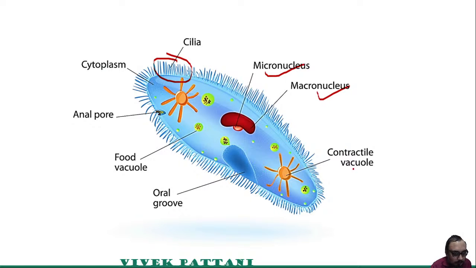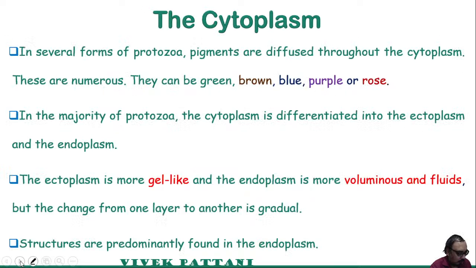I will discuss that now. There is also the contractile vacuole, oral groove, food vacuole, anal pore, and this is the cytoplasm. Different organelles have different types of functions. So now moving forward with the lecture.